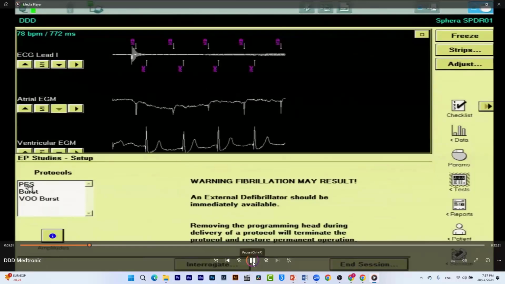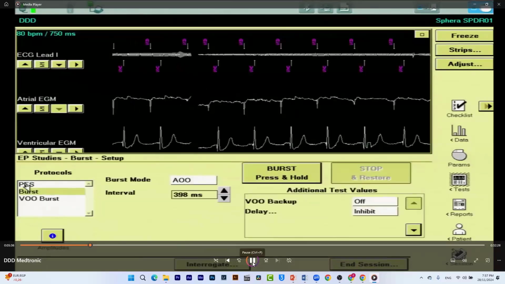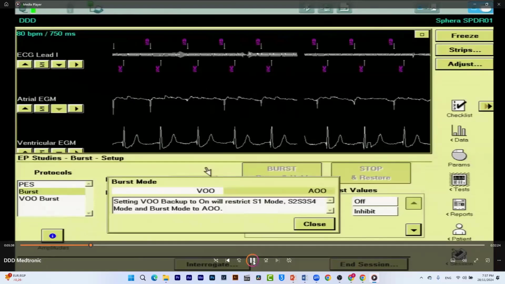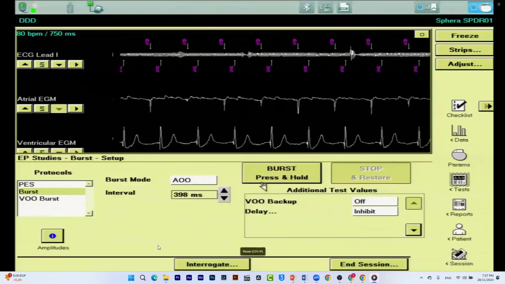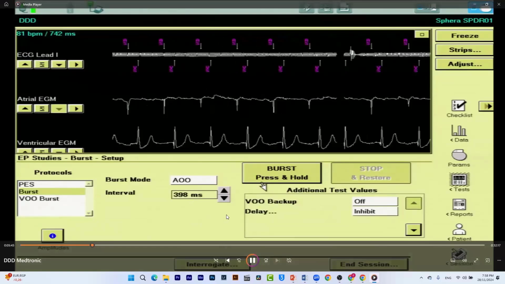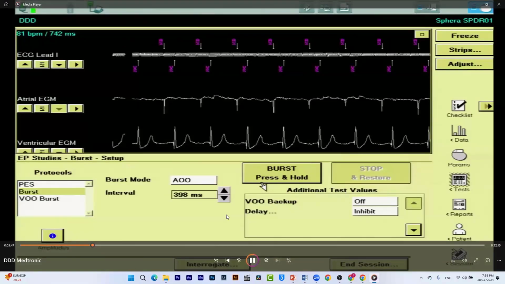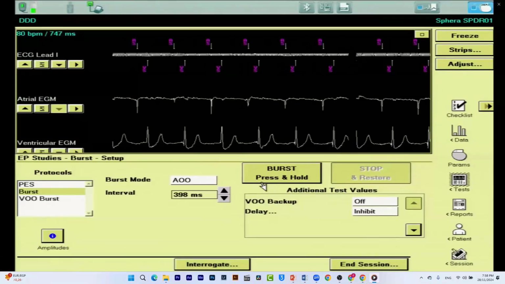And my pacing mode is AOO. I want to check the Wenckebach, the antegrade Wenckebach cycle length for this A-sense, V-sense conduction. So this is the cycle length, I will increase it. And there is a DVO backup.